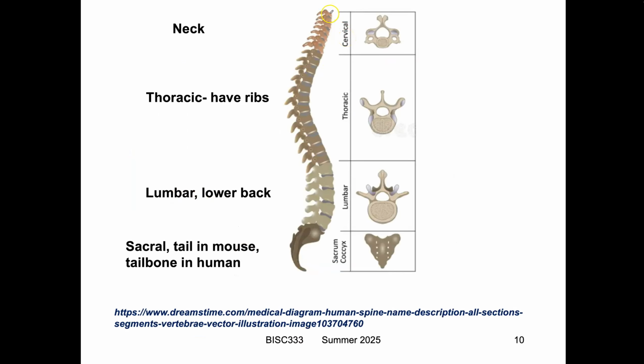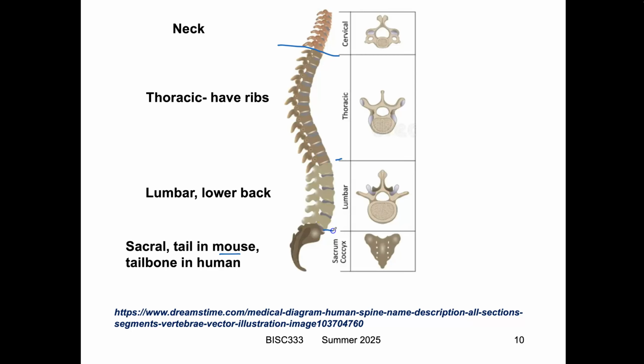And I'll just point out, just because I'm not sure everybody knows this necessarily, this is in the human, but in the mouse, the names of the vertebrae are the same. The neck ones are called the cervical vertebrae, the thoracic vertebrae. They're important because they actually have ribs, the thoracic ones.